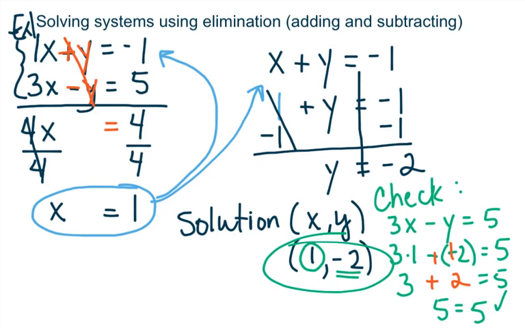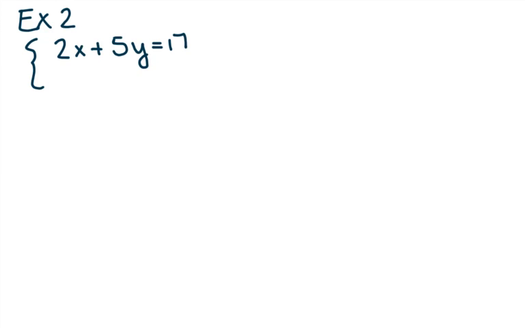Let's move on to a second example. Example 2, we have the system 2x plus 5y equals 17, and 6x minus 5y equals -9.